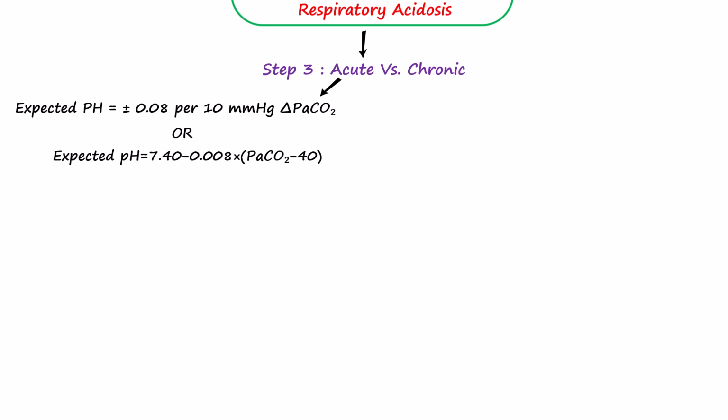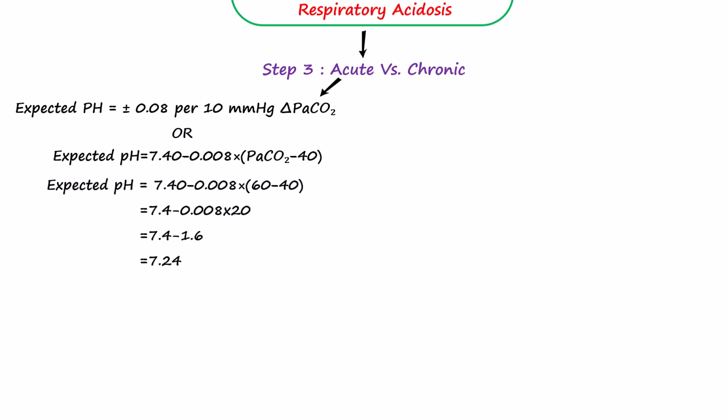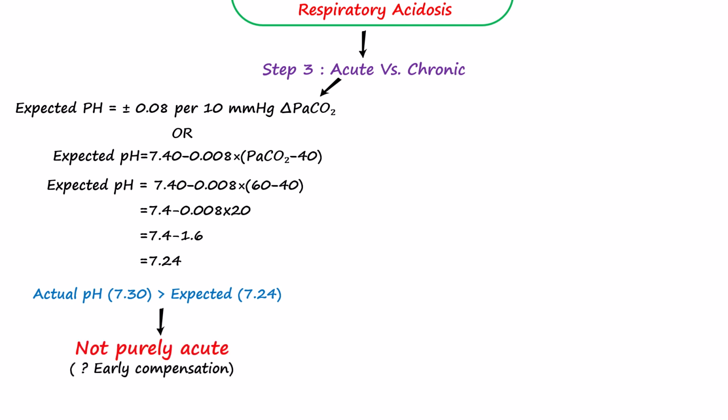Here the CO2 has increased by 20 mmHg from 40 to 60, so we would expect the pH to drop to 7.24. However, the actual pH is 7.30, which is slightly higher than expected for a purely acute condition. Now let's check if it's chronic.